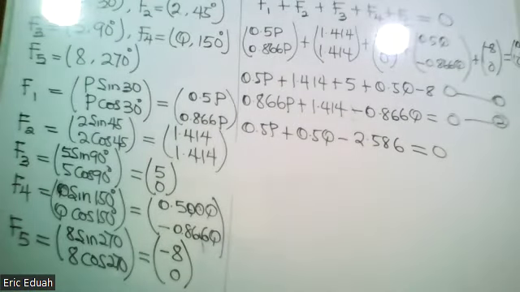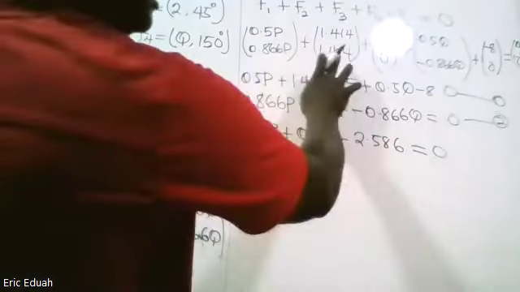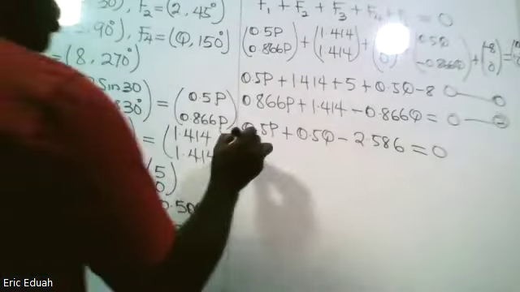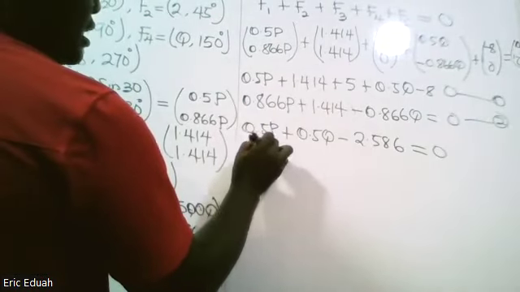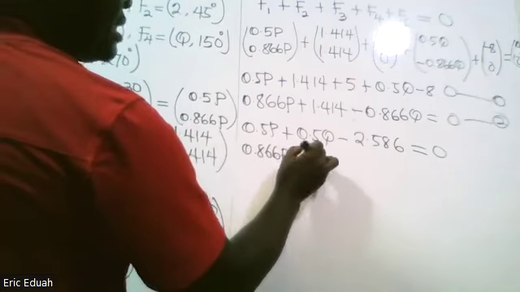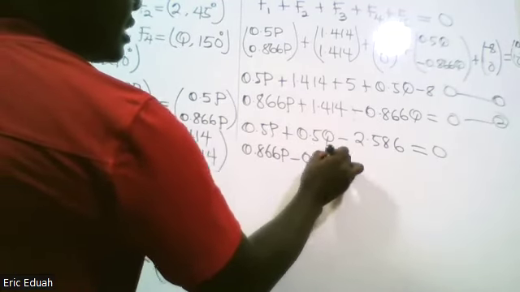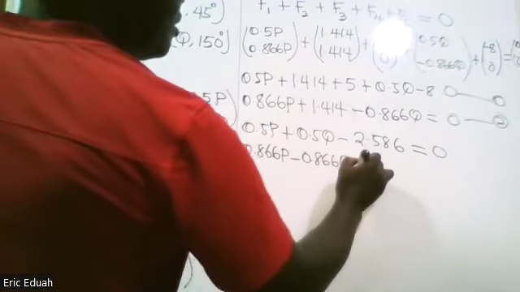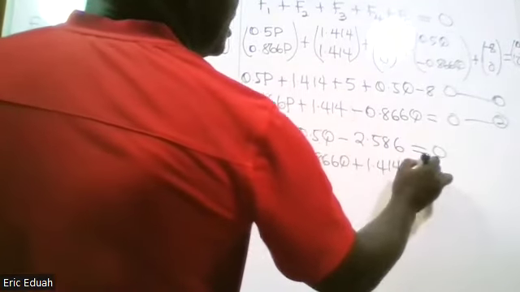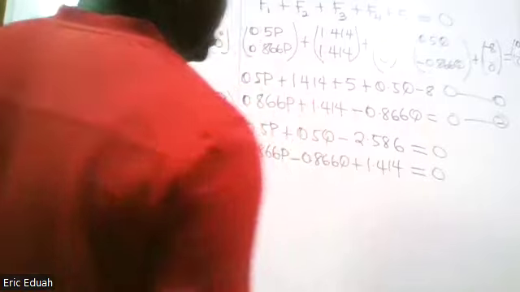Here we have 0.866 P minus 0.866 Q plus 1.414 being equal to 0.